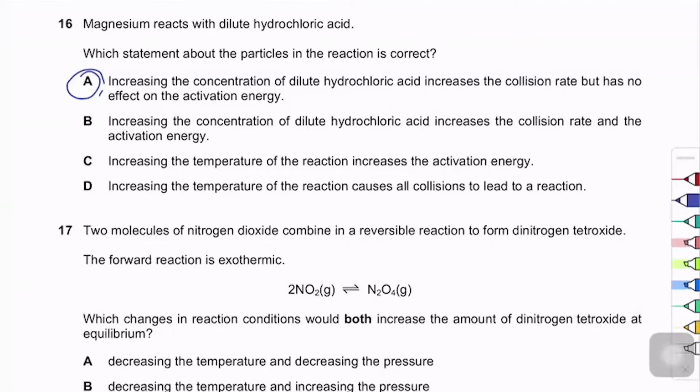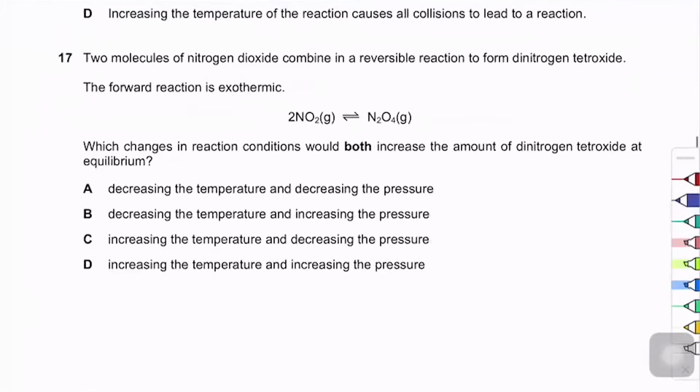No matter how high the temperature is, there is a probability that some collisions will not be successful, because a collision can only be successful if the energy involved is higher than activation energy. What if even at high temperature some collisions fail because of activation energy, or maybe there is a very high activation energy for that reaction? So this does not guarantee anything.